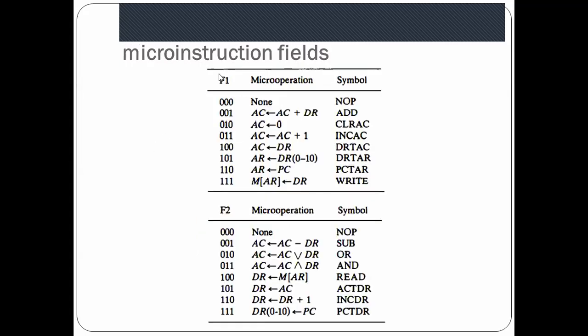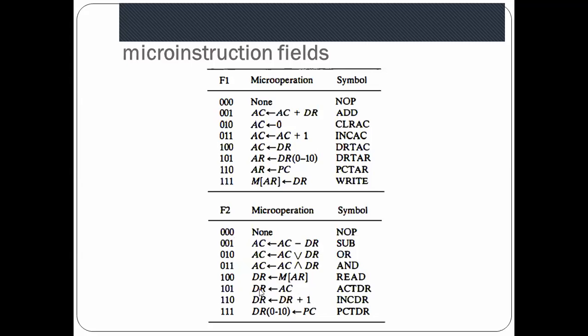This is how the fields are defined. For F1, these are the micro operations. F2, subtraction, logical and transfer. This calculates the direct address.